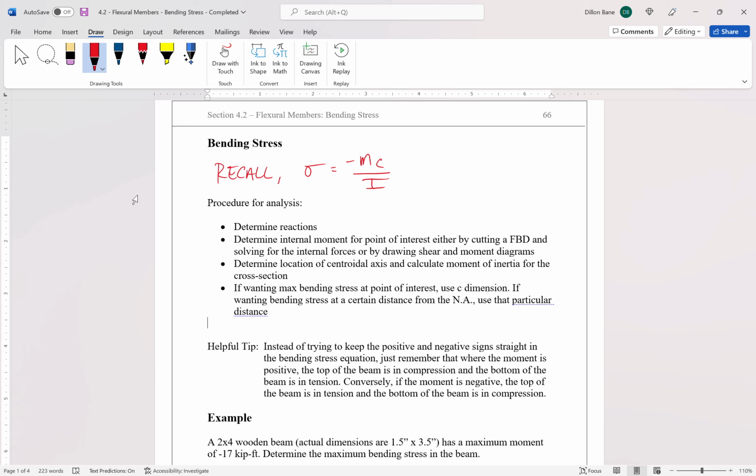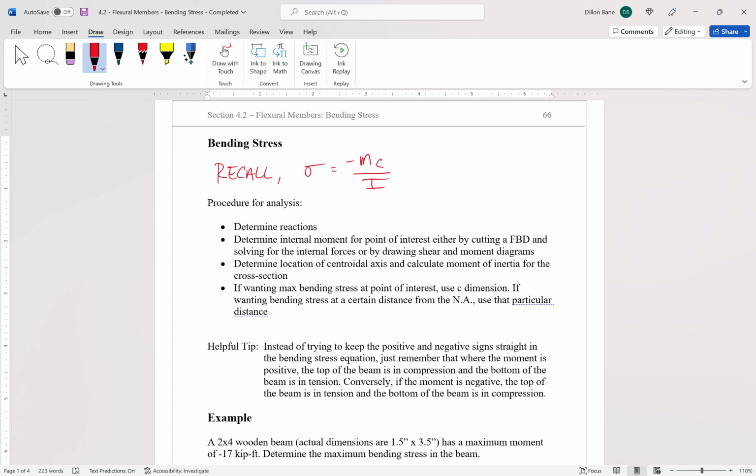by cutting a free body diagram and summing moments about the cut. Step 3, once you have your reactions and your moments, you need to figure out the moment of inertia. You'll have to do that by finding the centroid and then finding the moment of inertia, because we're worried about the centroidal moment of inertia as always. Then once you have the internal moment, the moment of inertia, and the centroid, you just put all this together into the MC over I equation and calculate what the stress is.